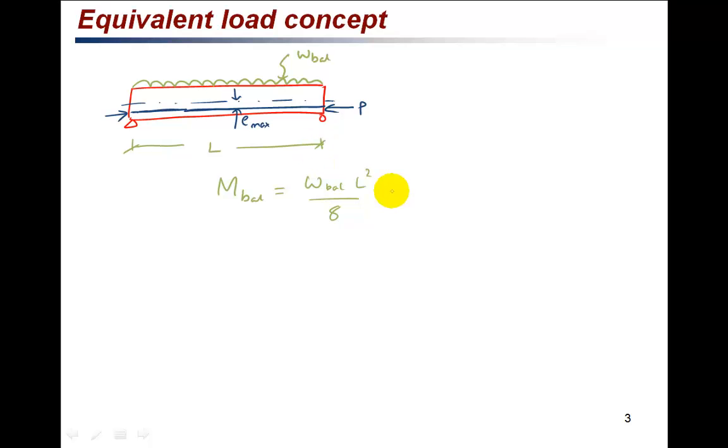Now we already saw that the balance moment is equal to the pre-stressing force multiplied by e max in the previous equation. So equating this, W balance L square by 8 is equal to P multiplied by e max, which will give us W balance equal to 8 P e max over L square.